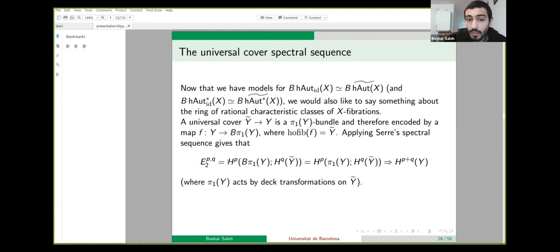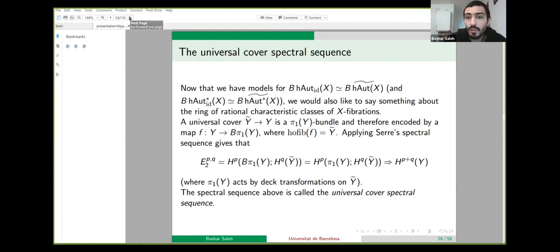The cohomology of the classifying space of the fundamental group of Y with coefficients in the cohomology of the universal cover converges to the cohomology of Y. And this group acts on this cohomology group by deck transformations. This spectral sequence is called the universal cover spectral sequence.